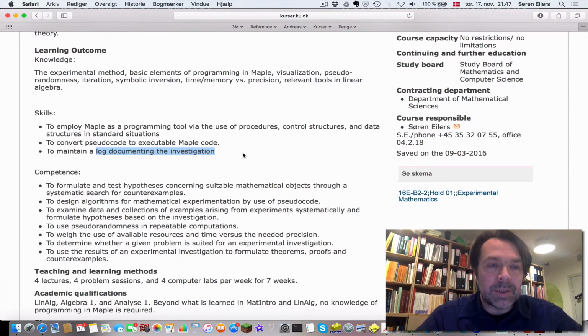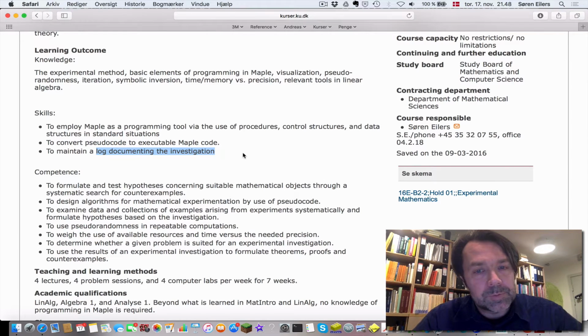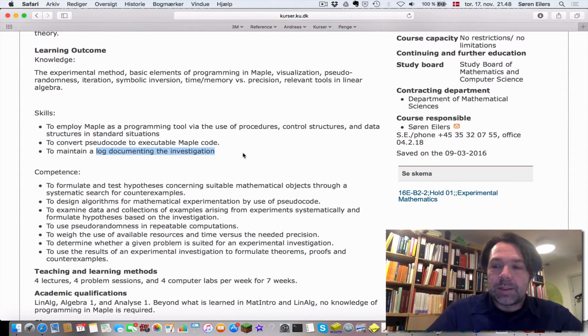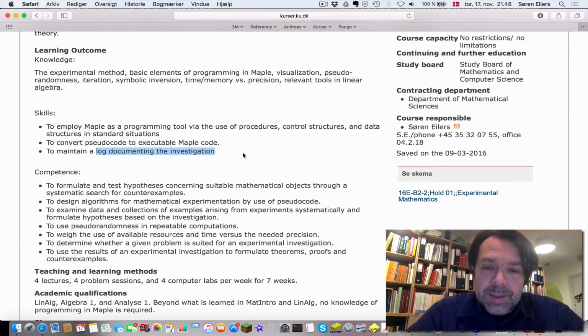This is something that is very important when you work with mathematical experiments. Doing an experiment is like doing an experiment in a lab if you're a physicist or a biologist. And so it's a good idea to adopt some of these practices that people actually use in labs.